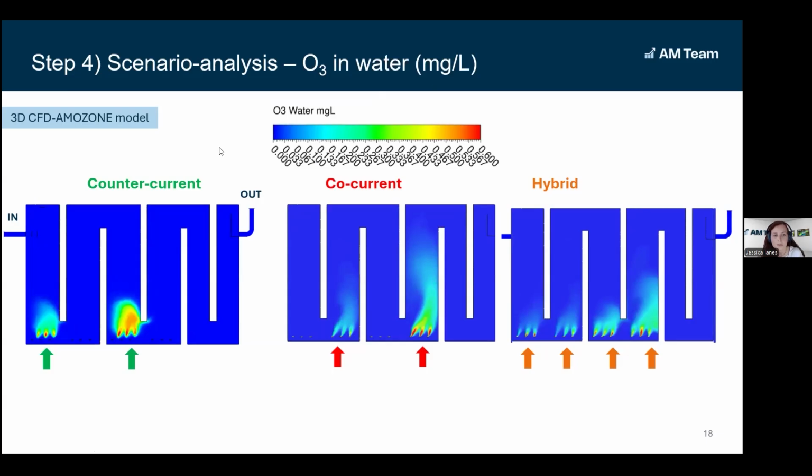Similarly, we can observe the same thing for the ozone concentration in the water. So with the counter current and the co-current, we have the same behavior with the ozone more pushed towards the bottom in the counter current configuration, while in the co-current it is more spread across the height of the reactor.